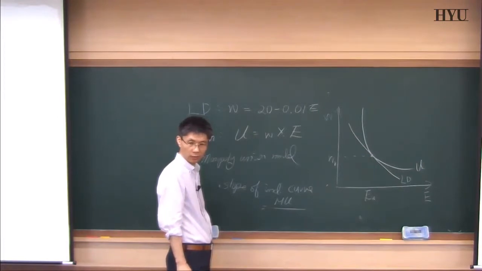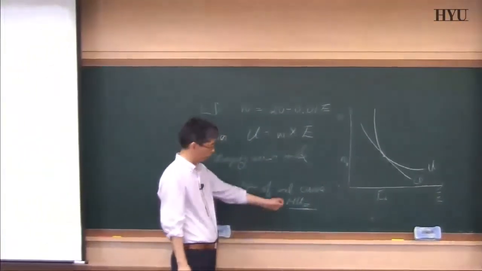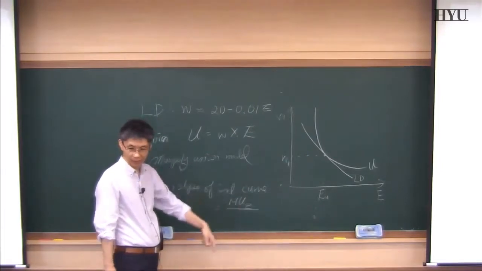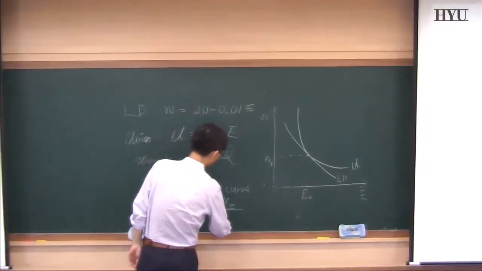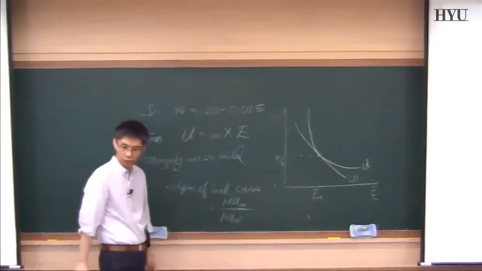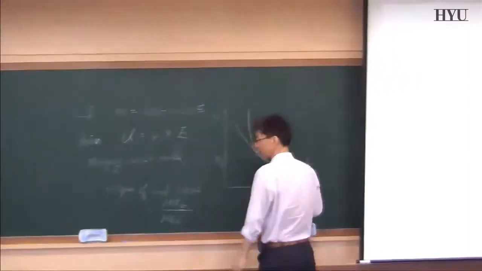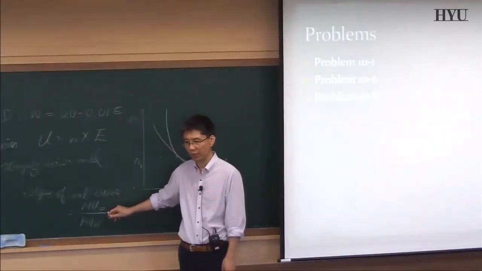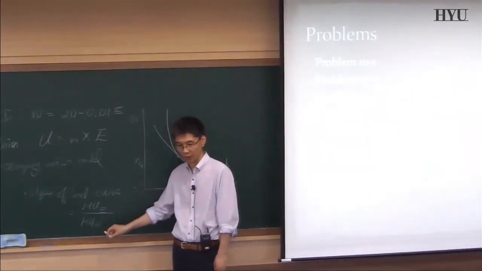It must be E in the numerator. In the numerator, it's always the marginal utility of the variable on the horizontal axis, so the marginal utility of E, and the marginal utility of the wage. That's how you get the slope of the indifference curve: the marginal utility of the variable on the horizontal axis divided by the marginal utility of the variable on the vertical axis.